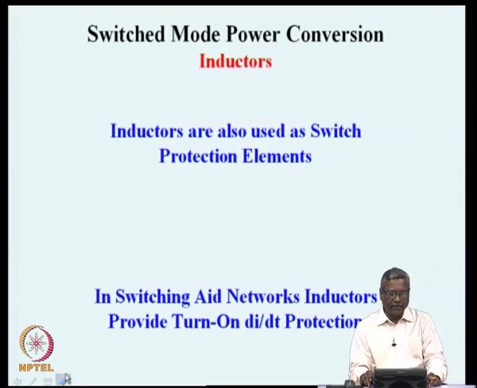The switching aid networks that are used to enable stress-free turn on of the switches employ inductors. In switching aid networks, inductors provide the di/dt protection, or turn-on di/dt protection. So, there are two functions for which inductors are used in power converters. One is to smoothen the power flow and the other is to protect the devices from high current stresses.